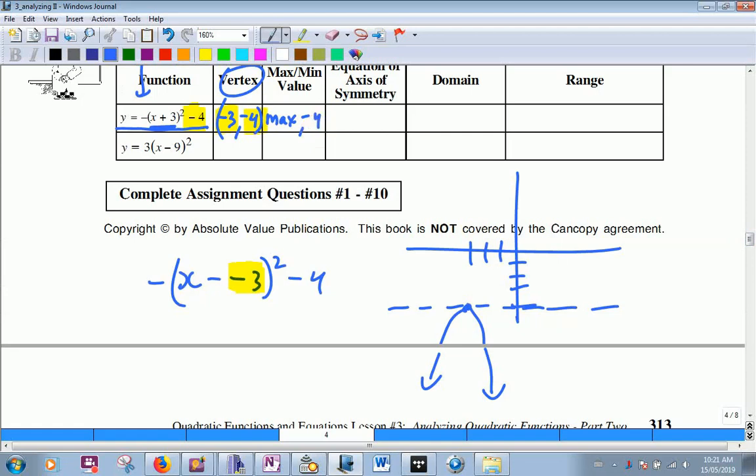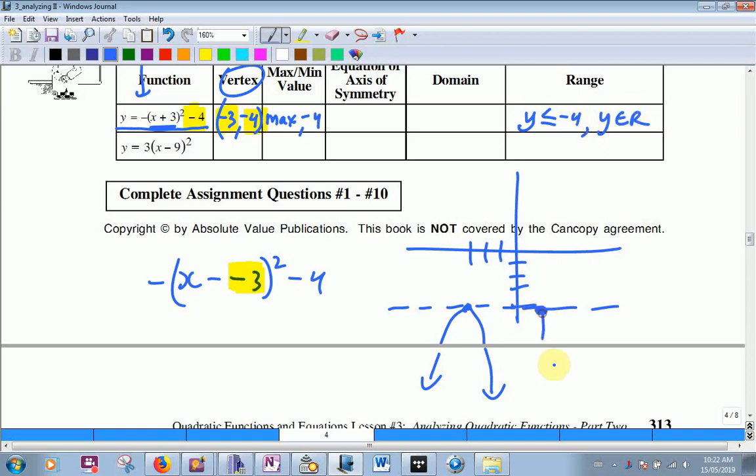So speaking of range, since I was just talking about it, what is the range of that graph? It's all the values of y. Is it greater than negative 4? Less than or equal to negative 4? Where y is a set of all real numbers. Okay?